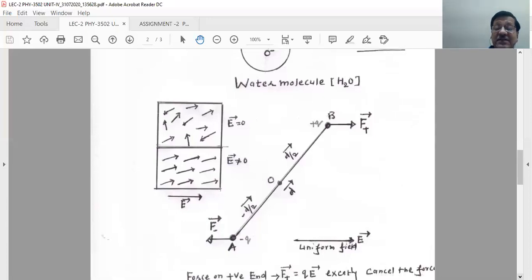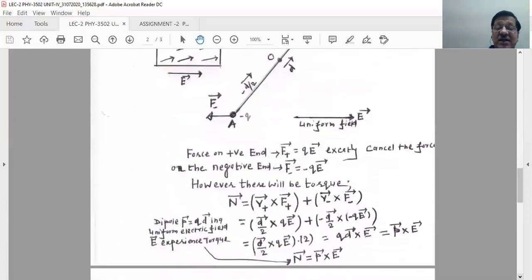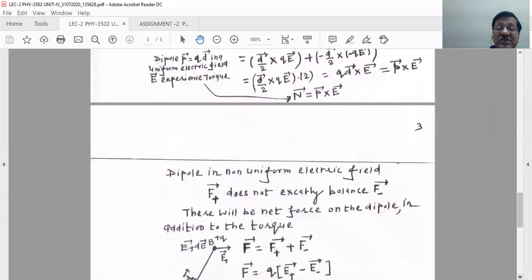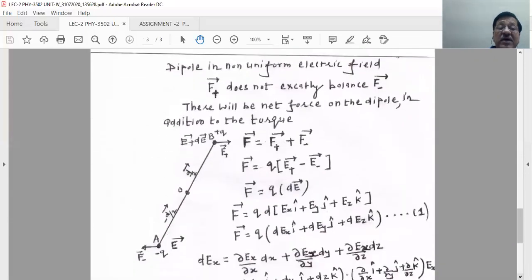Let us try to understand a small picture which I have drawn. Look at this picture. Here you have the minus Q charge, and you have the plus Q charge. The minus Q charge is kept at the point A, and the plus Q charge is kept at the point B.